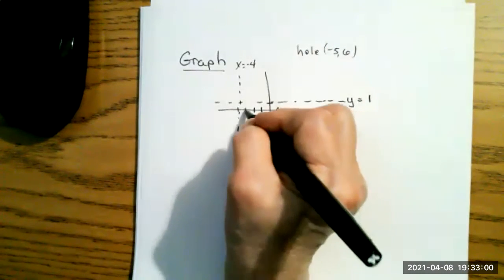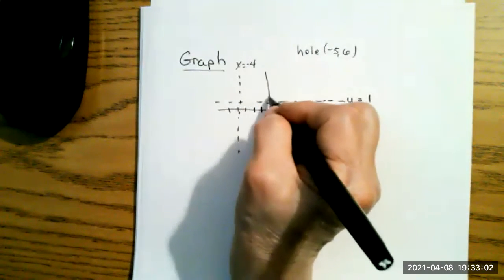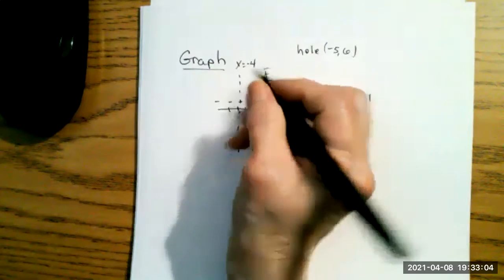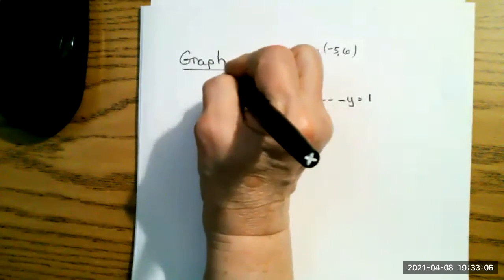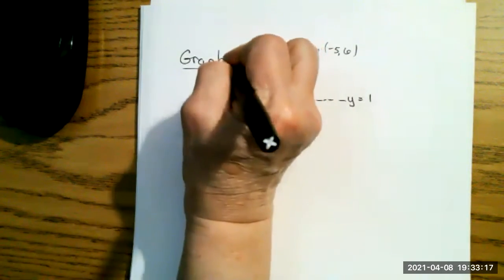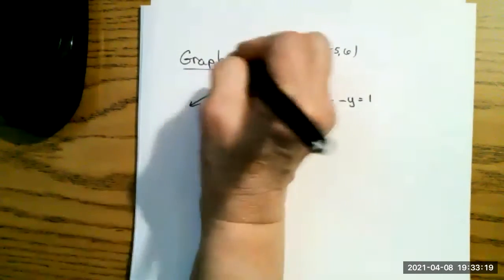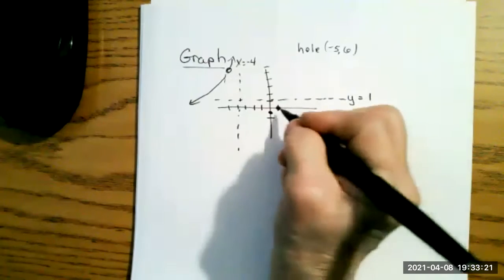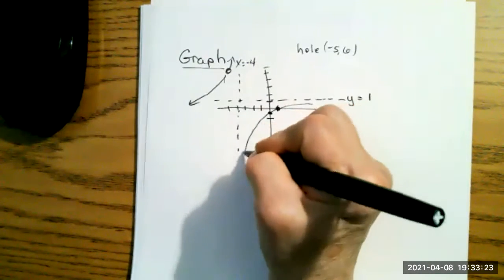So 1, 2, 3, 4, 5. 1, 2, 3, 4, 5, 6. Up here somewhere there is a hole in this graph. So you draw a little circle on it, and when you look on your paper, you'll see that hole. It'll be pictured there. So this one's going to go down this way, and this one's going to come through here like this.